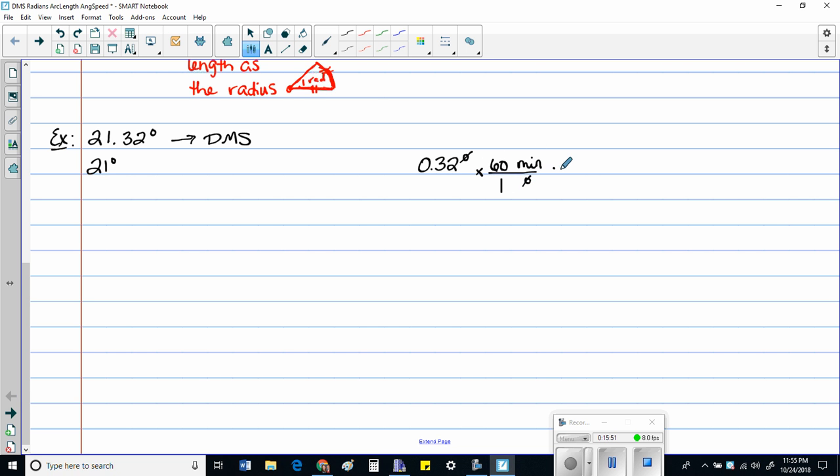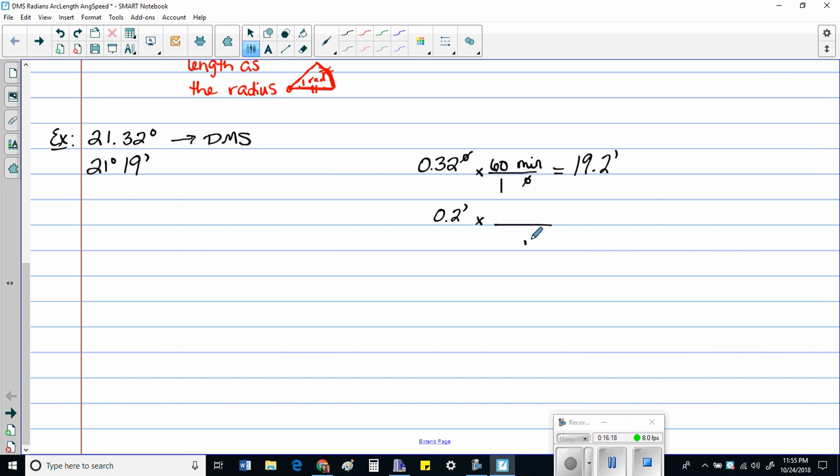So 0.32 times 60 is 19.2 minutes. Remember that's the symbol for minutes, or you can just put a capital M. And now I'm going to slough off the 0.2, and that's minutes.